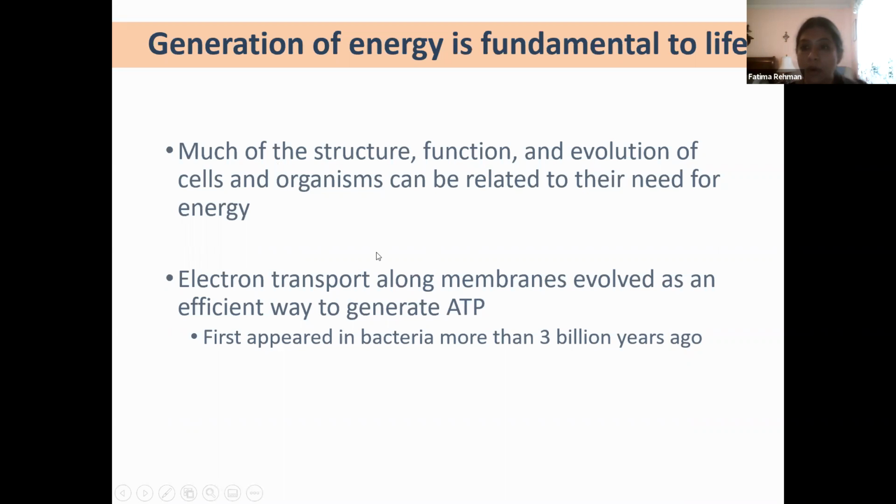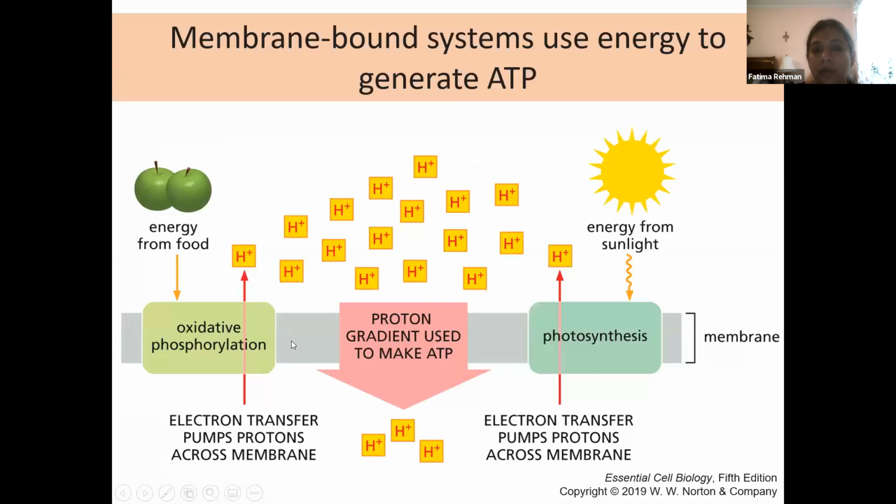And so those mitochondria and chloroplasts are remnants of those bacteria. Some of these systems we know from looking at organisms, like the electron transport chain, evolved in the membranes a long time ago, over 3 billion years ago, in bacterial systems. So we know that that was where we first started to see it, and that is how it has gotten moved into eukaryotic systems as well.